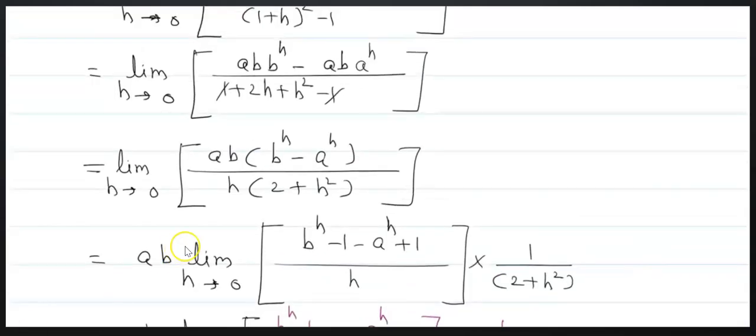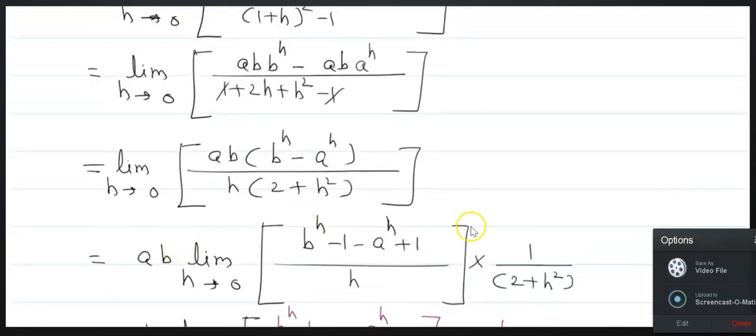Therefore, plus 1 minus 1 is adjusted. B raised to h minus 1 minus a raised to h minus 1 upon h, into 1 upon 2 plus h must be there.